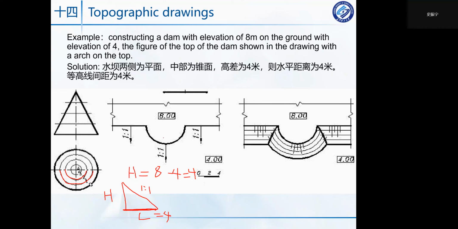So now you can see the horizontal direction is 4. It means that this curve and this curve, the interval between these two curves is what?